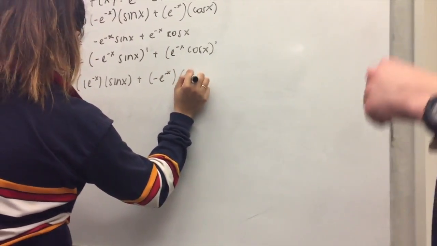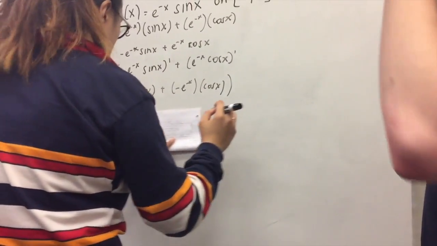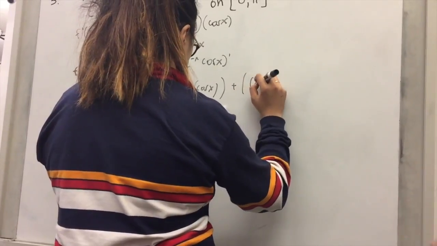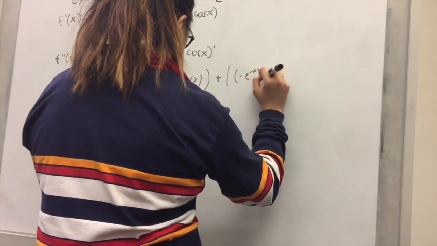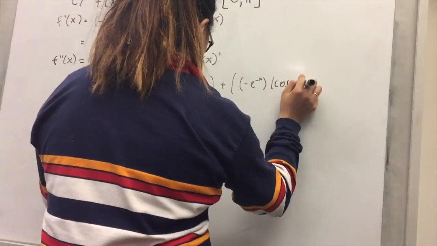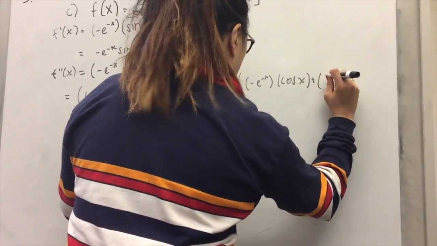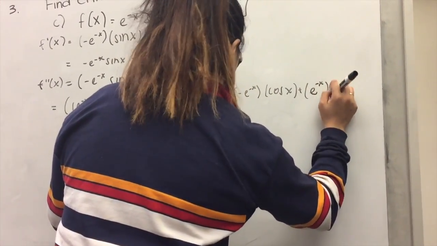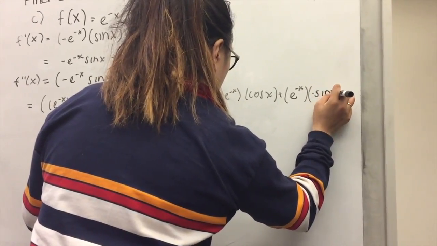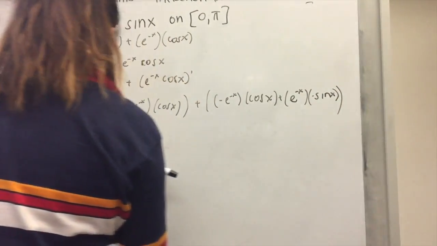So we find e to the negative x times sine of x plus negative e to the negative x times cos x plus negative e to the negative x times cos x plus e to the negative x times sine of x.